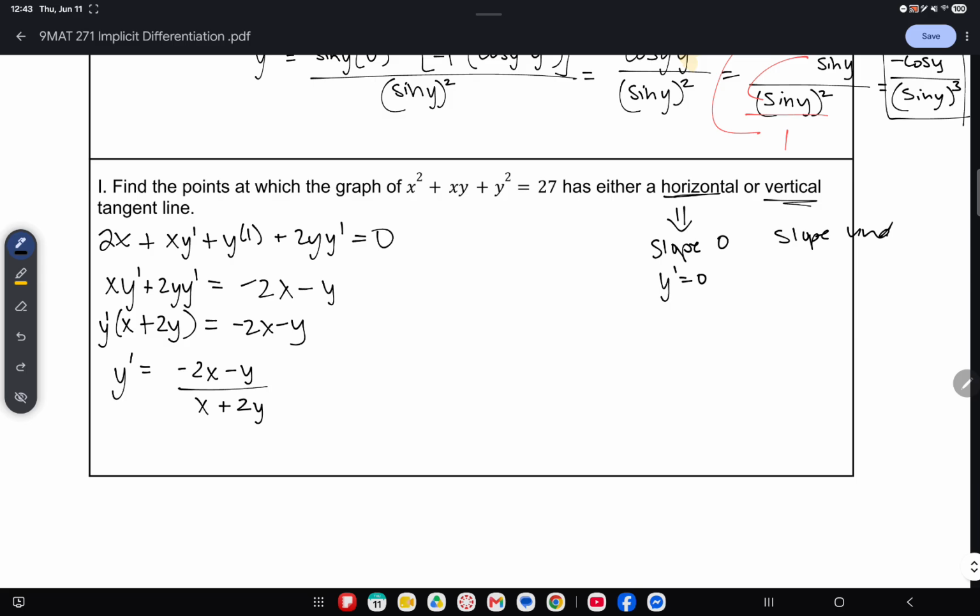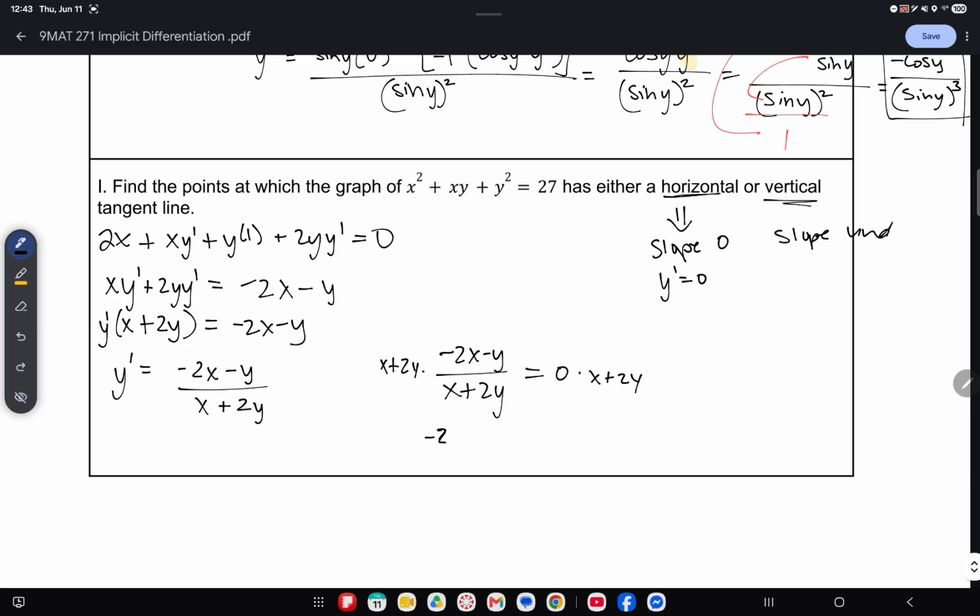So, okay, I do have a fraction here. So, I need to find when this whole thing is equal to 0. So negative 2x minus y over x plus 2y equals 0. Okay, I'd multiply both sides by x plus 2y. But 0 times that is just going to be 0.